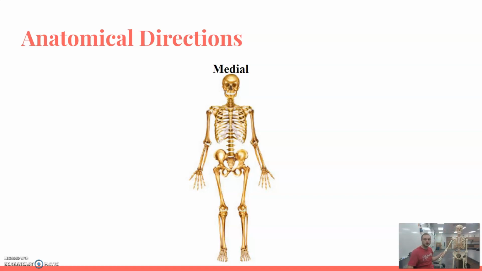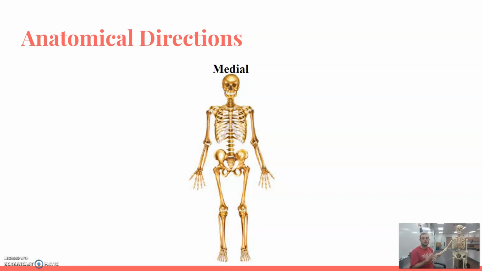So imagine we drew a line down the middle of Bartholomew here. It's going to split his head in half, going to go right down the sternum bone here, going to split his arms into a right and left half, legs into a right and left side. That is the medial part of the body.